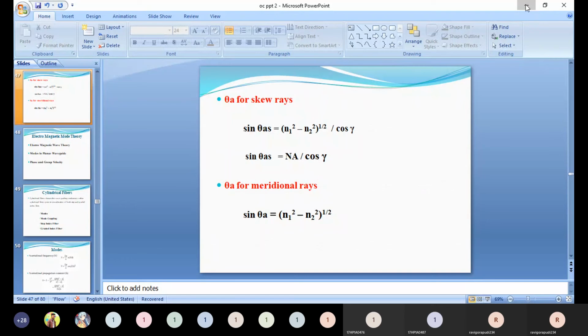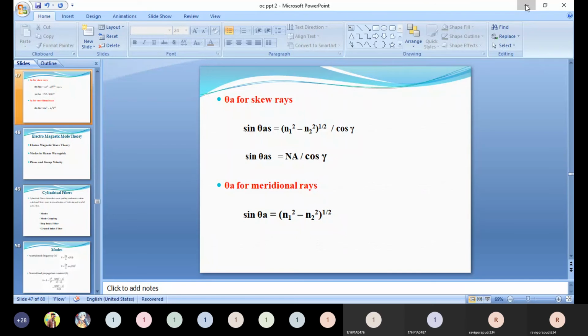A step index fiber in air has a numerical aperture of 0.22.